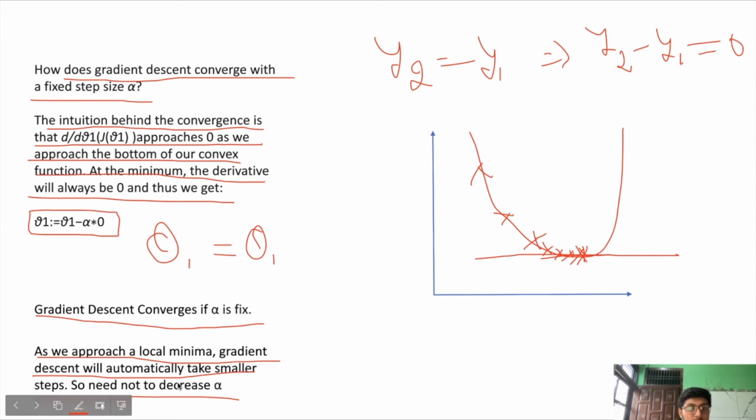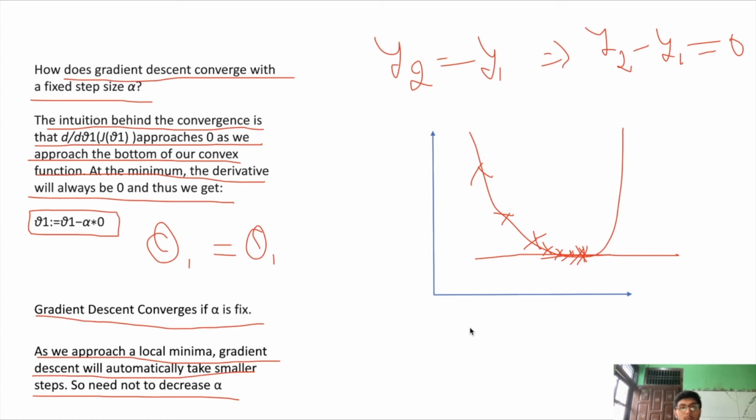So we do not have to decrease alpha. Alpha must be a fixed value, not a value that we decrease as we go down, because it will not help us.